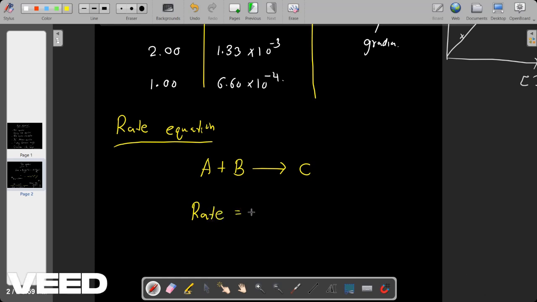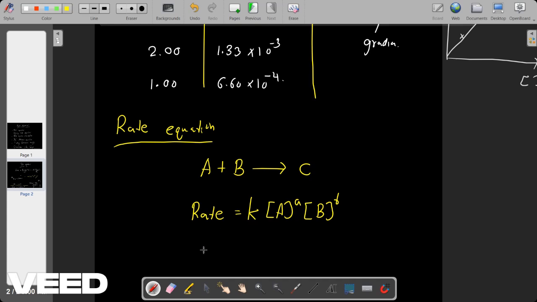Rate equals k [A] to the power of a, into [B] to the power of b.